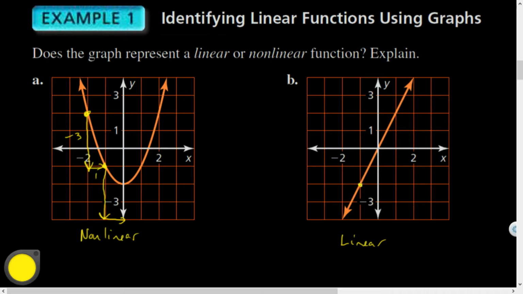If I pick some points on this line, you'll notice that it has a constant rate of change. Constant and change sounds like an oxymoron, I understand, but check out what's happening. It's going from point to point, up 2 and over 1, up 2 and over 1, up 2, and it's constantly doing the same thing.